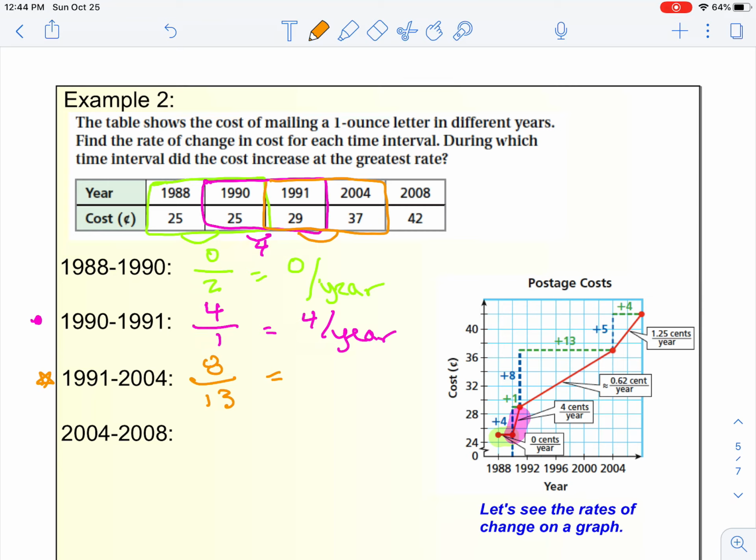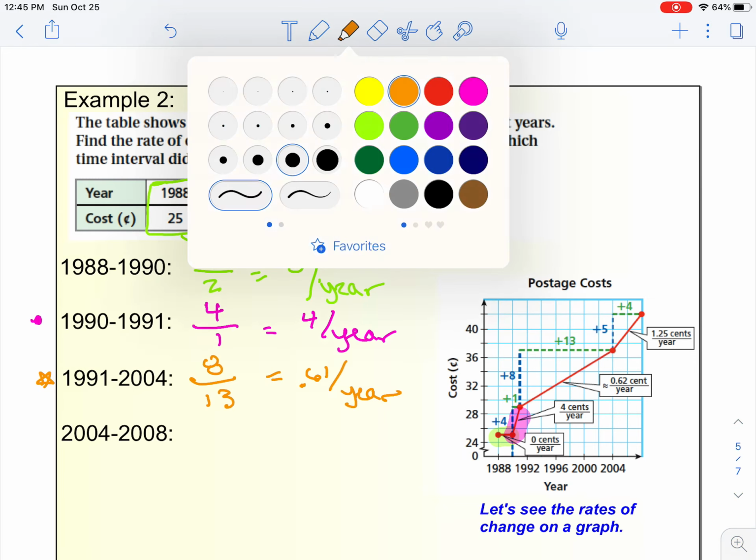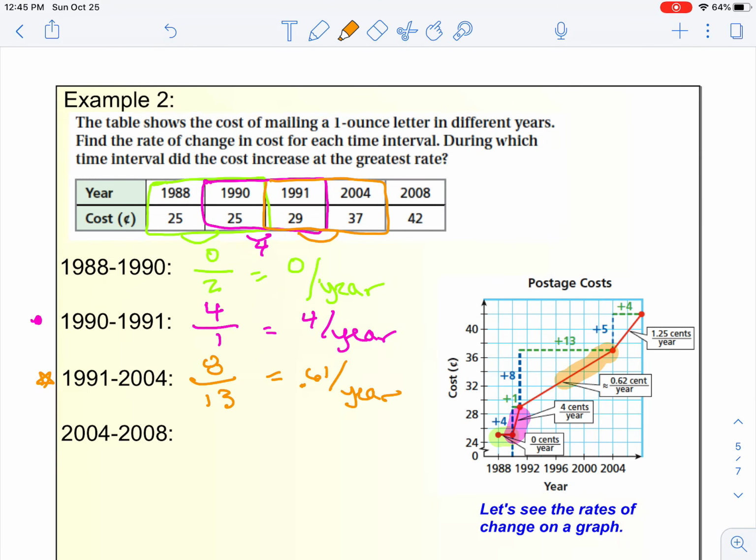So when we divide 8 by 13, that is an increase of 0.61 cents per year. It's actually 0.61 cents, so it's not even 1 cent per year. And so it's a pretty small amount, and it's represented by this segment of the graph.